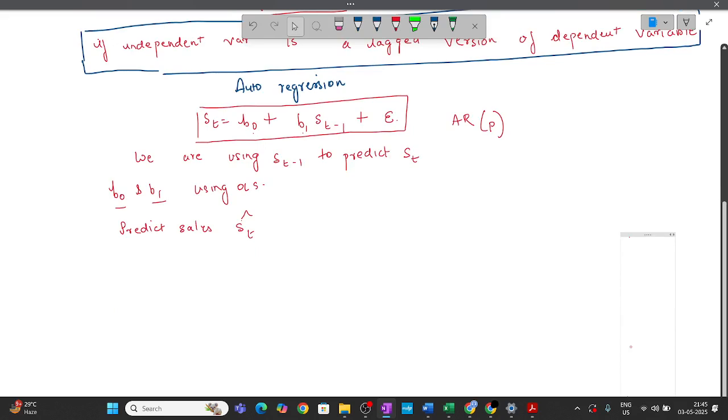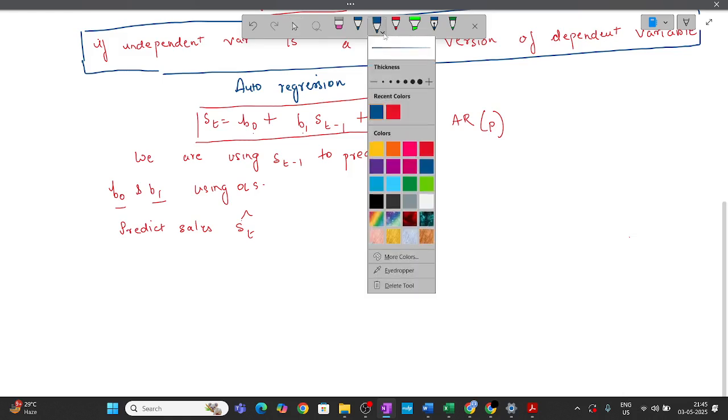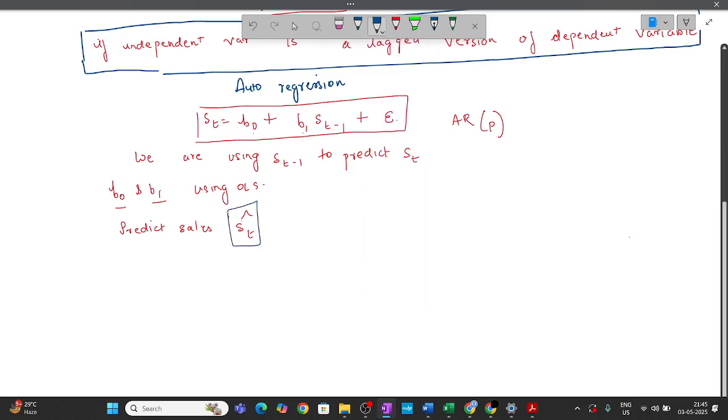We always add a hat over the prediction. So this is my predicted sales. Now we calculate the errors, which is S_t predicted minus actual S_t.